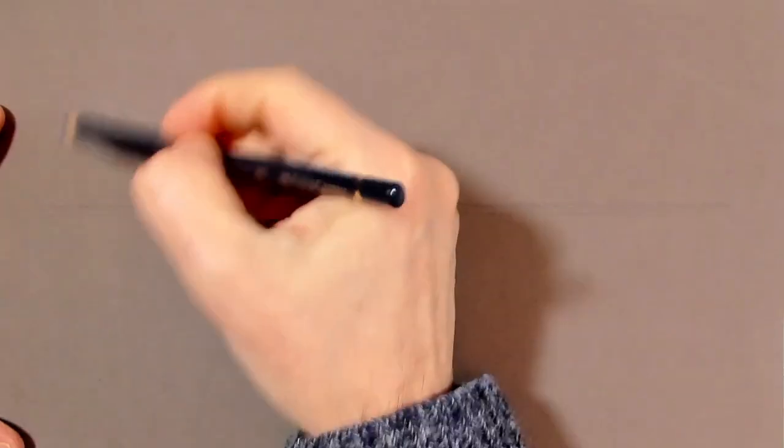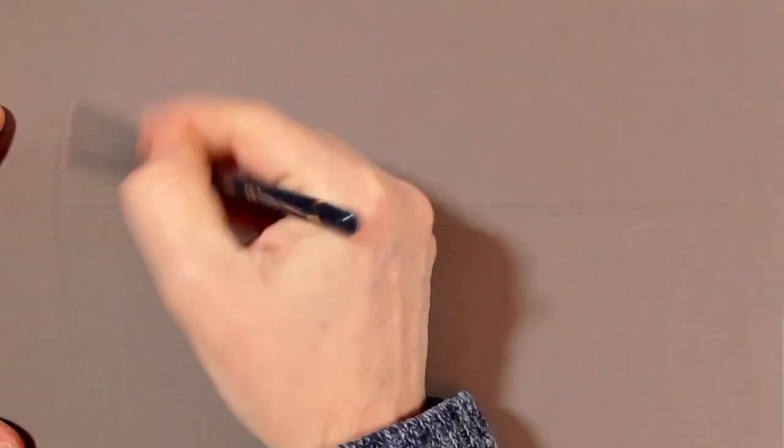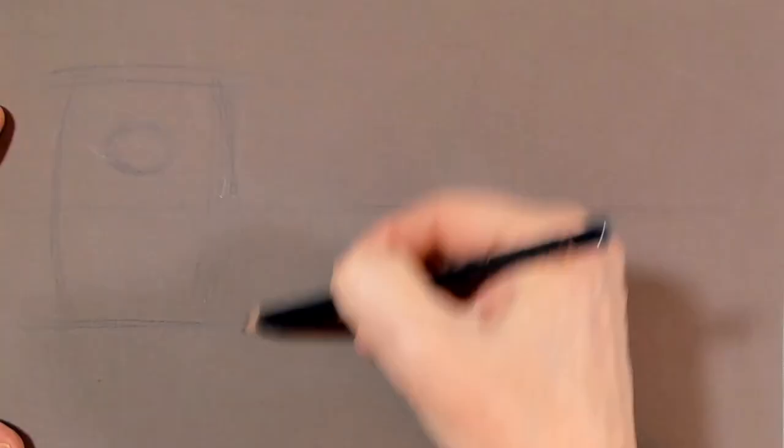Okay, so I would do something that is front view, more or less like that. Then I know that here probably I have my camera, and everything else will be just the light.